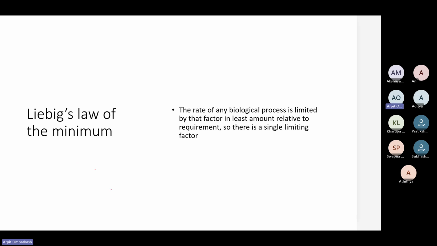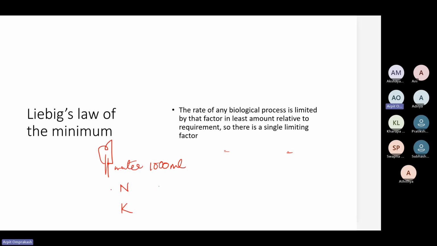Let's say you have a plant, or a sapling, and you have two areas where you can plant it. Let's say the plant needs 1,000 milliliters of water per day, and let's say nitrogen and phosphorus.